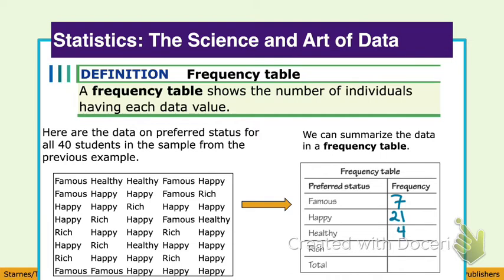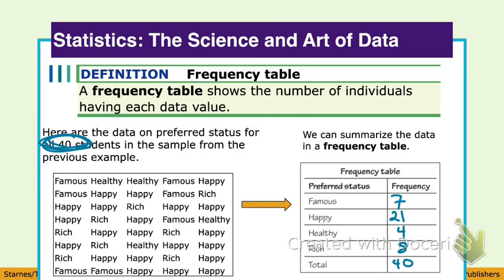And how many said rich? All right, now, as you guys have already said, this should equal 40 because there's 40 in here. And so if I do a quick little addition here, 7 and 21 is 28, plus 4 is 32, plus 8 is in fact 40. So we got all of our numbers. Do you guys have any questions about a frequency table?